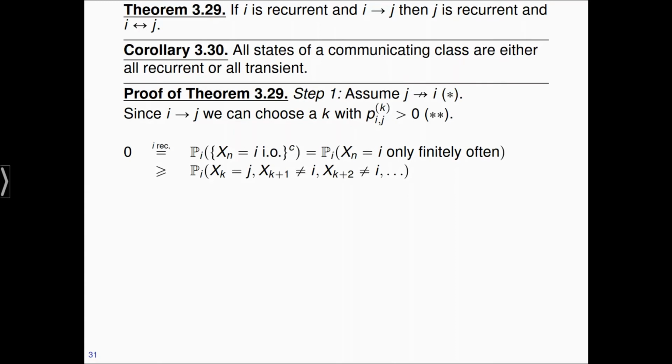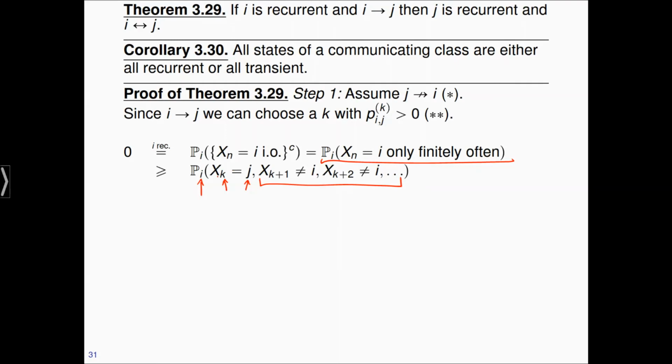Now, what is a possible scenario for this event, for seeing I only a finite number of times? Well, one possibility is we start in I, and then at time k we reach J, and after time k we don't visit I anymore.